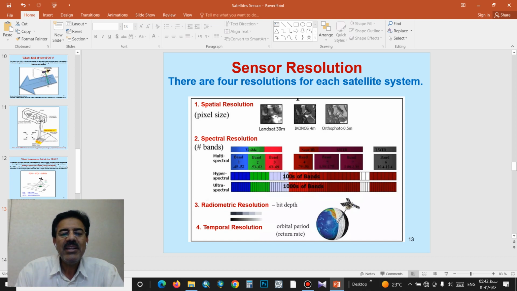Number 3, radiometric resolution or bit depth. And number 4, temporal resolution or time resolution, orbital period or return rate.